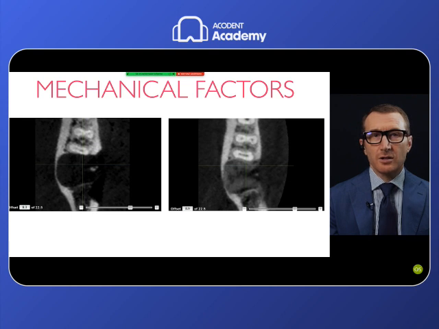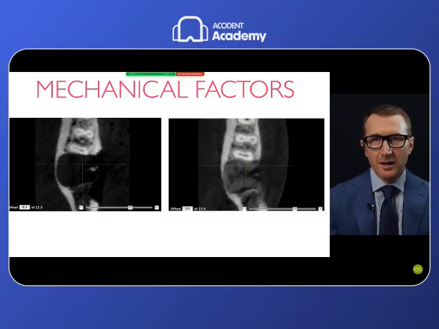Mechanical factor is obviously represented by the shape of the defect, because it's a mechanical protection of the wound, of the coagulum. If we are in the right mechanical environment, with the right influence of the inductive factors, and we have the correct blood supply in the wound area, the bone formation will happen alone.